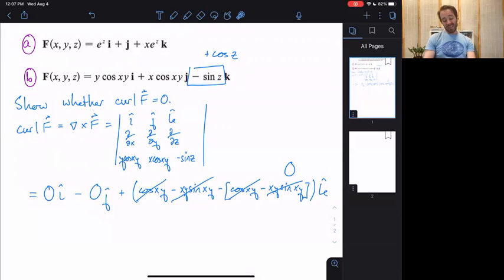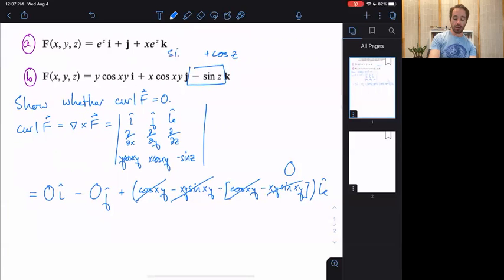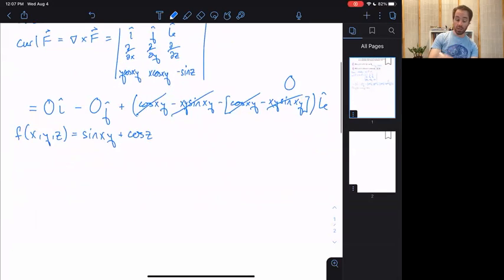So can we guess it? Yeah, I think we can. What if it's sine xy plus cosine of z? So let's say f of x, y, and z equals sine xy plus cosine of z.